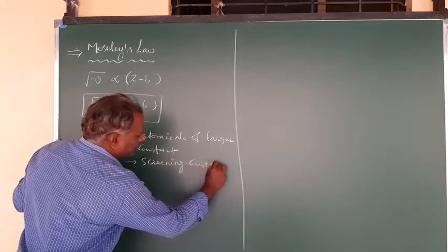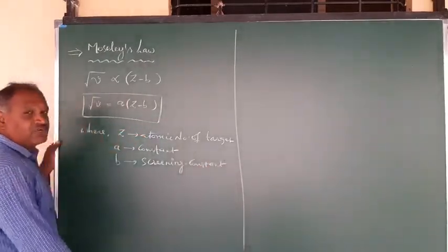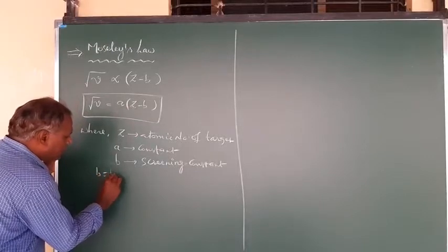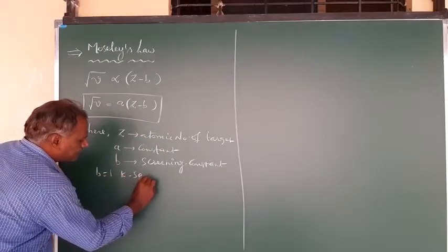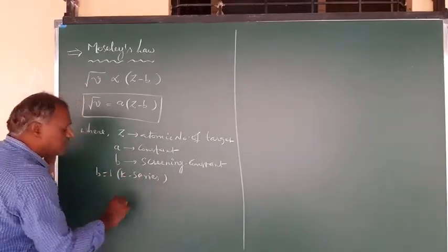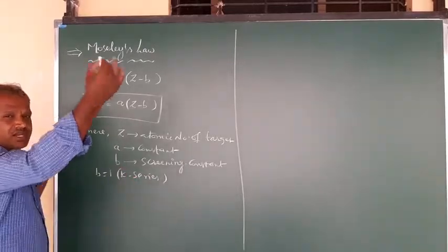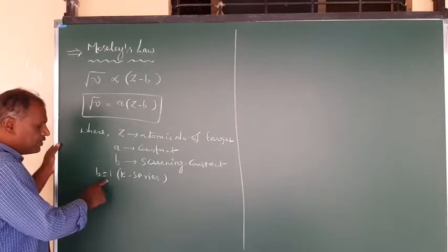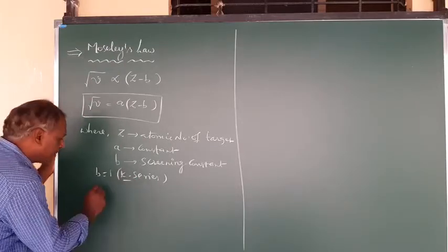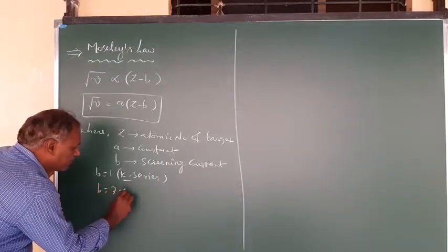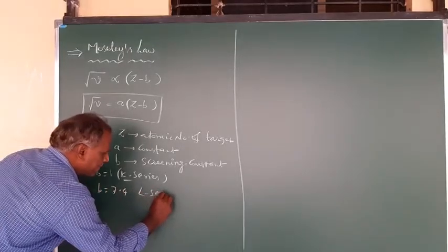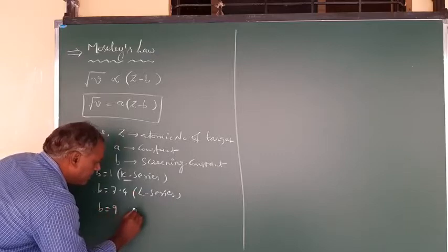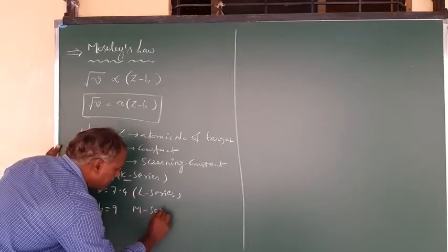This b value depends upon the series, that is, where to where the electron made a transition. This b value is 1 for the K series. That means if the electrons make a transition into the K shell from a higher energy level in the characteristic X-ray spectrum, the b value is 1 for the K series, 7.4 for the L series, and 9 for the M series.